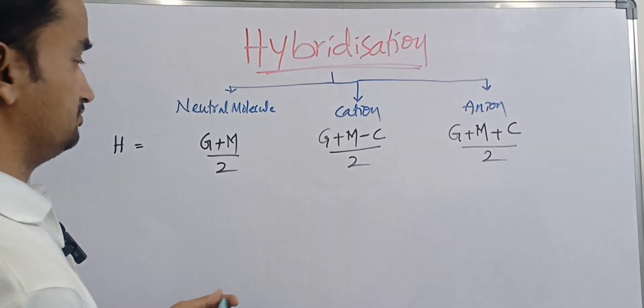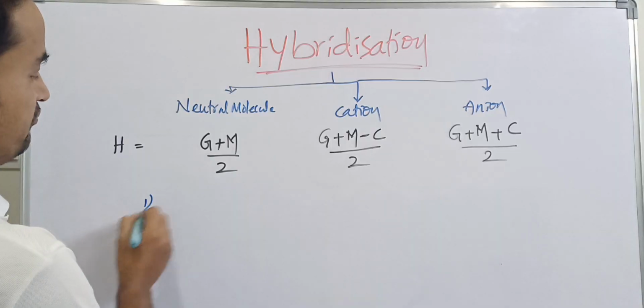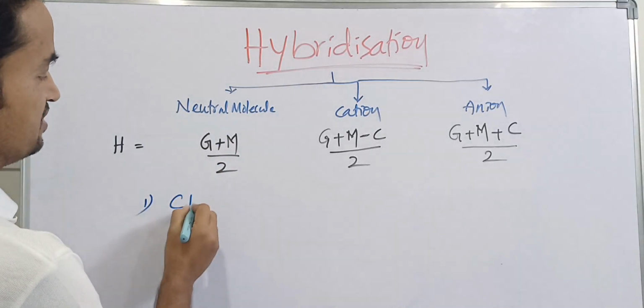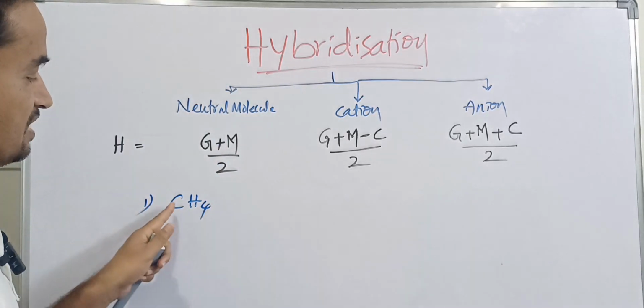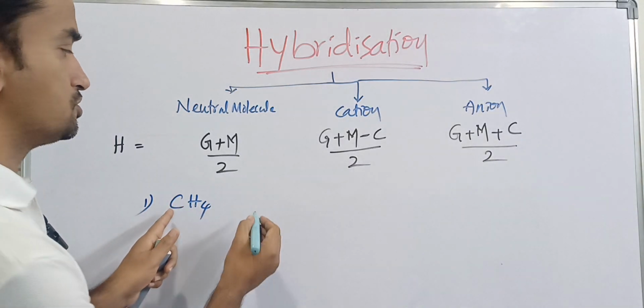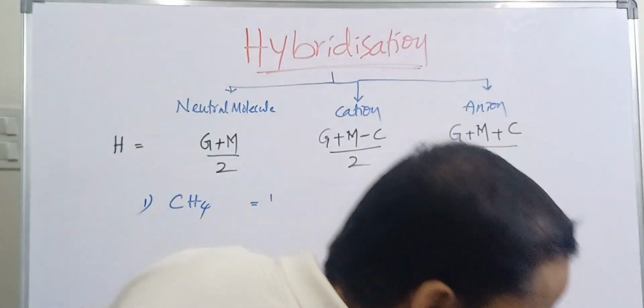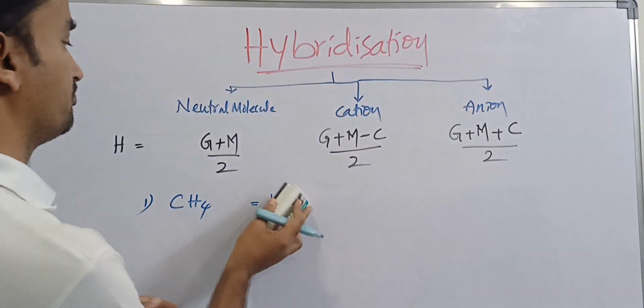First we'll take the examples of neutral molecules. For example, methane. Your central atom is carbon. Carbon belongs to the fourth group, right?